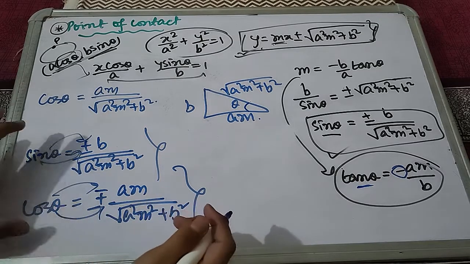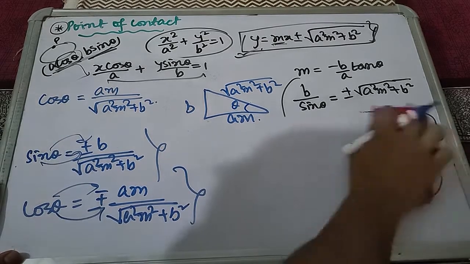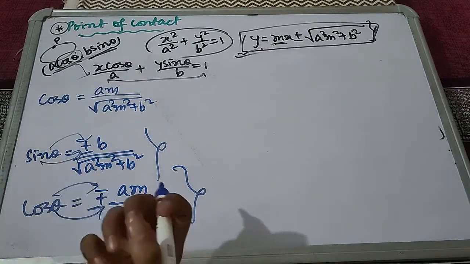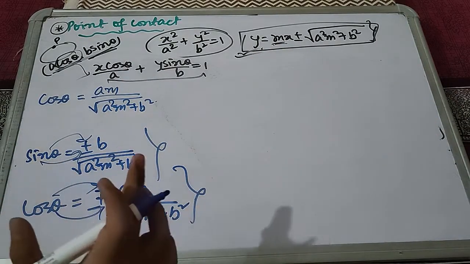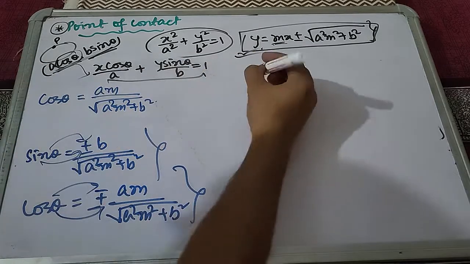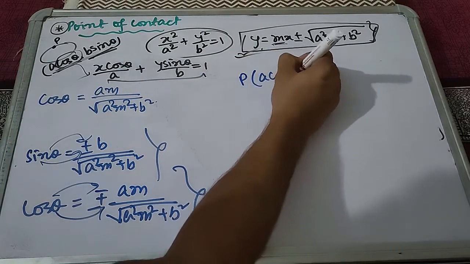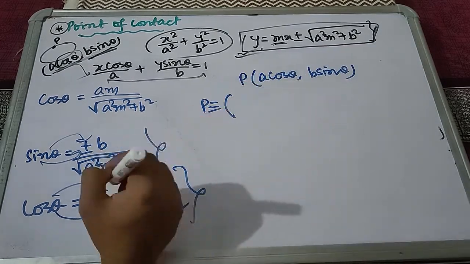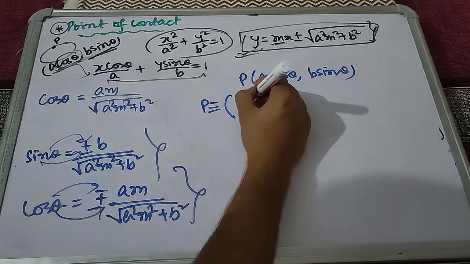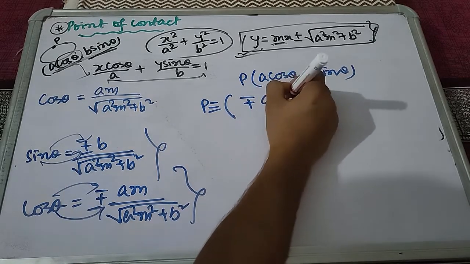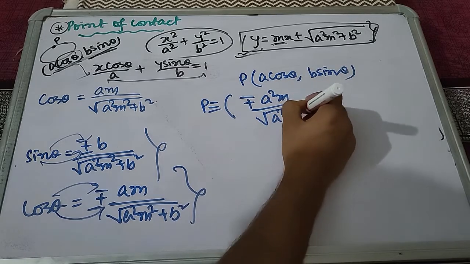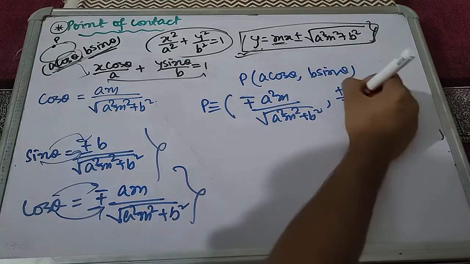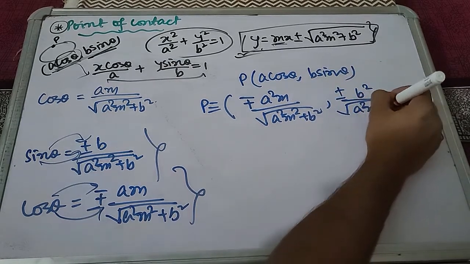Okay. So what is the point of contact then? Very simple, right? Because we did not know the point of contact, we were just finding the relation between theta and m, a, b like this. What we knew was P was a cos theta comma b sin theta. Correct. So point P is a into minus plus am by under root a square m square plus b square, which gives a square m by under root a square m square plus b square, comma b sin theta, which is plus minus b square by under root a square m square plus b square.